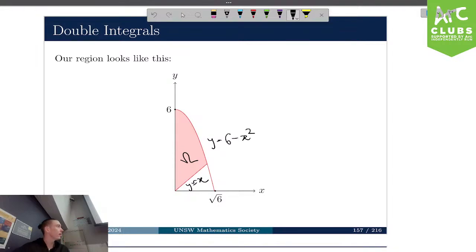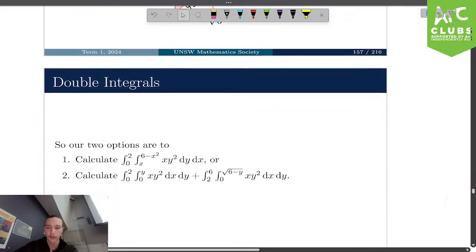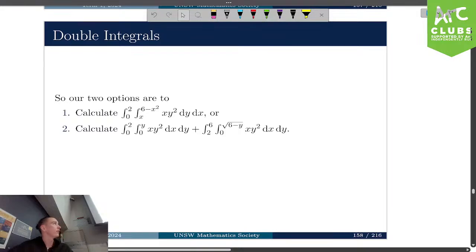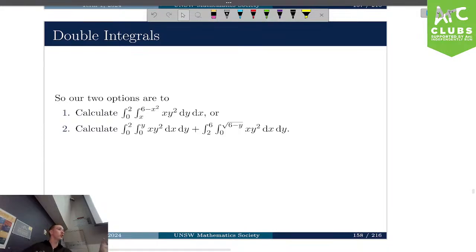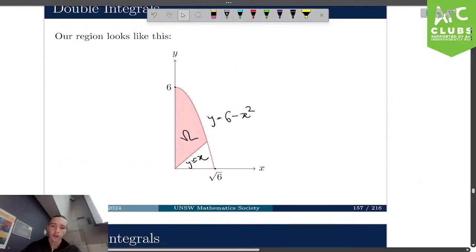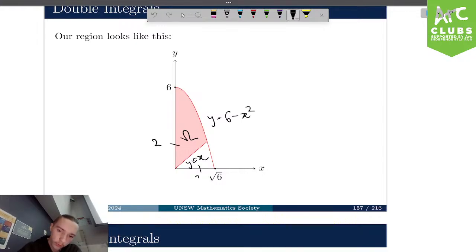Now, the nice thing about this is we have two ways to work it out. We have options. We can either calculate this first integral, or we can calculate this second integral. And I'll show you where this comes from. So using a bit of geometry, this is 2 and this is also 2. That point there.